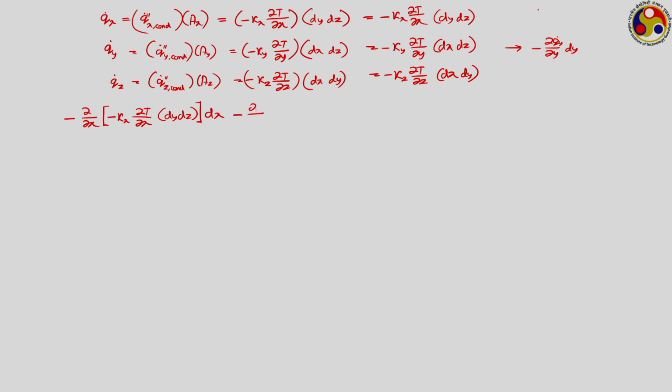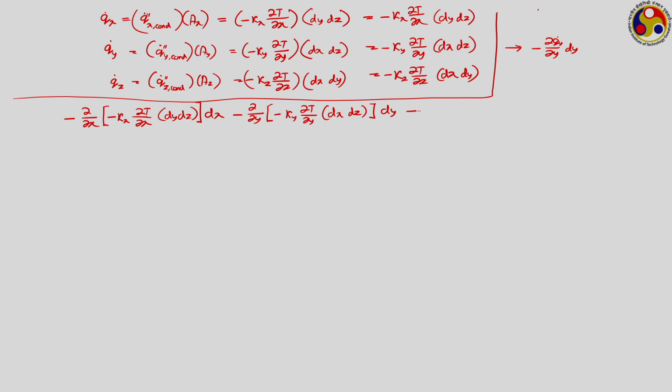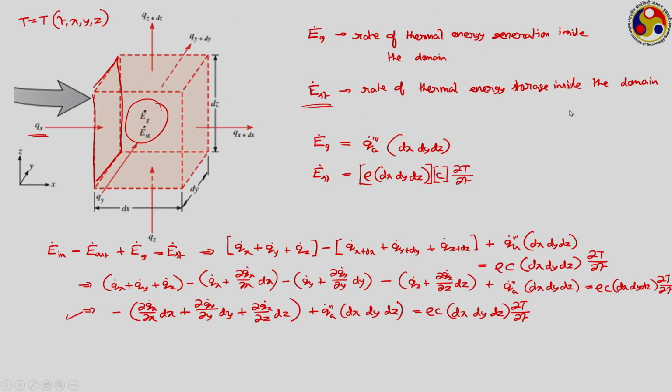So, we have minus dou y of minus ky dou T dou y dx dz into dy. Similarly, the last term can be written as dou z of minus kz dou T dou z dx dy into dz. So, these are the three terms.